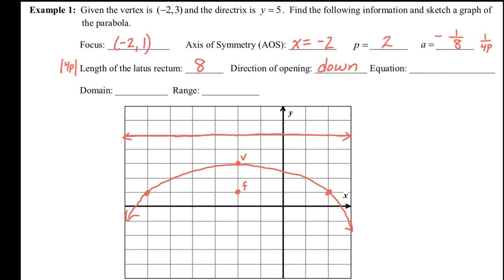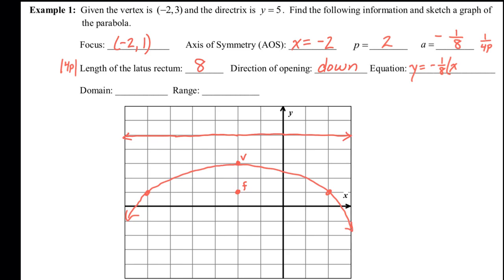The equation of this parabola, since it opens down, will be a y equals equation. It's a vertical opening. The a value is negative 1/8, so that would be negative 1/8. The vertex is located at (-2, 3).